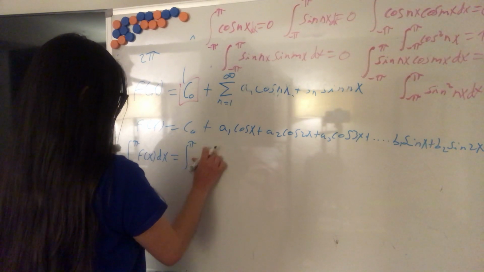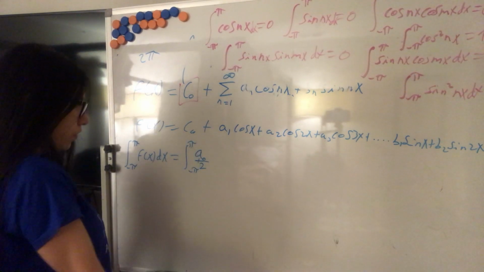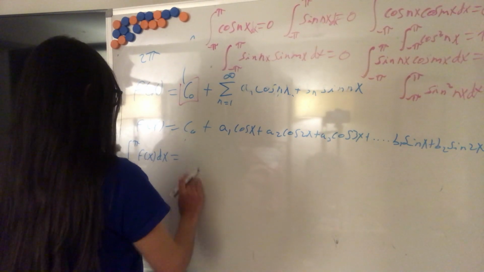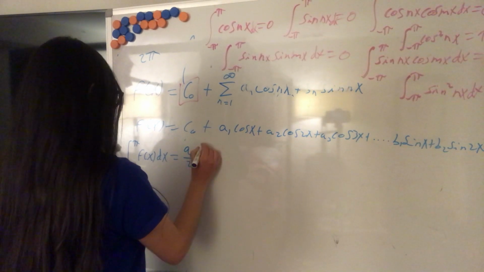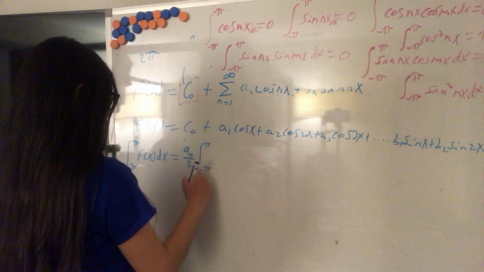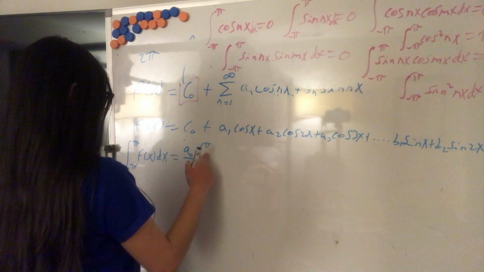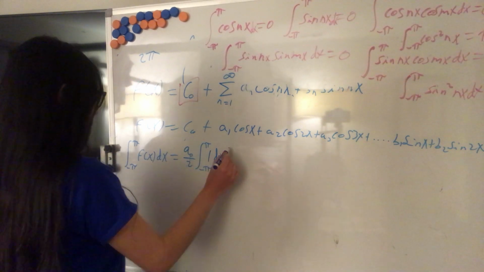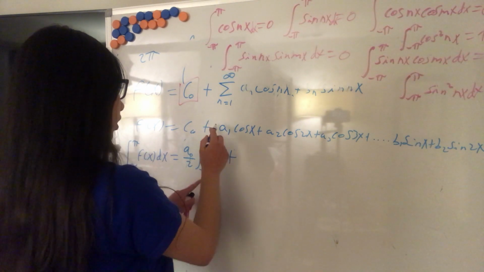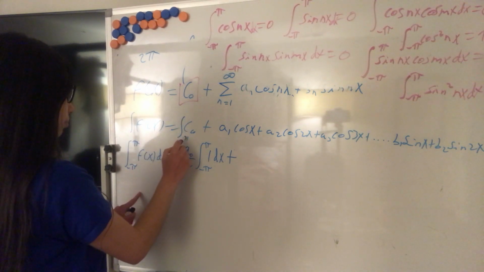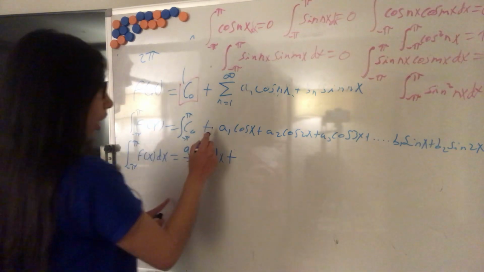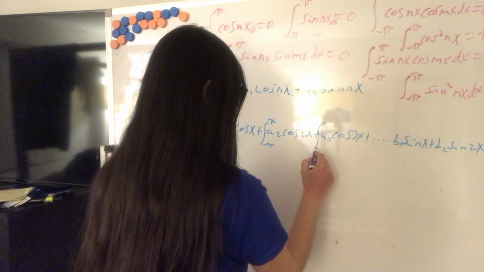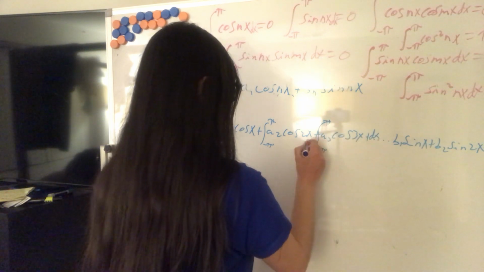I could put it as c naught or as a sub 0 over 2, but this is just a constant, so I can take it out, and this would be a sub 0 divided by 2 times the defined integral from minus pi to pi of 1 dx, plus the defined integral from minus pi to pi, and here it is the same for each one of these terms, with dx.